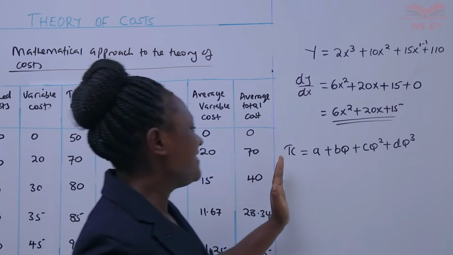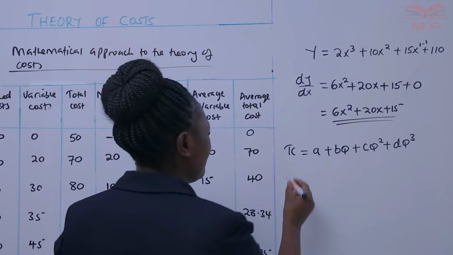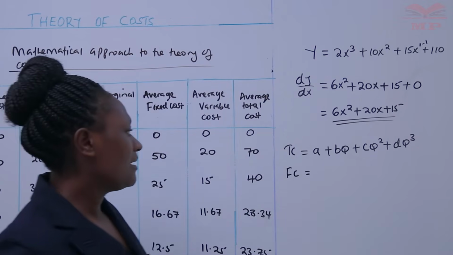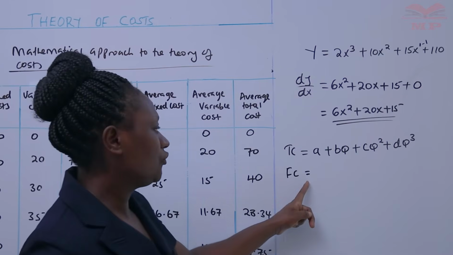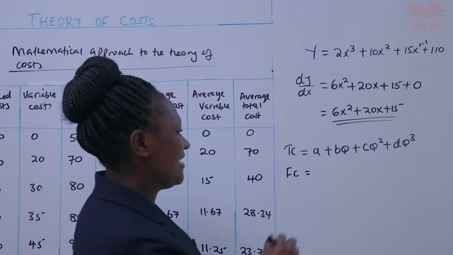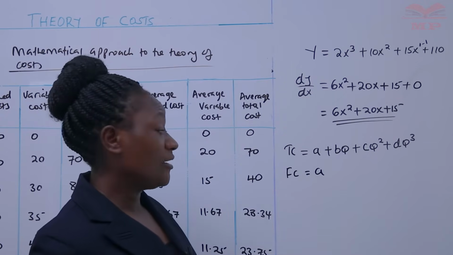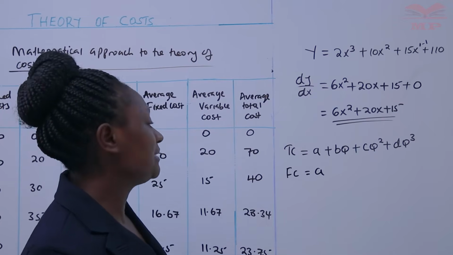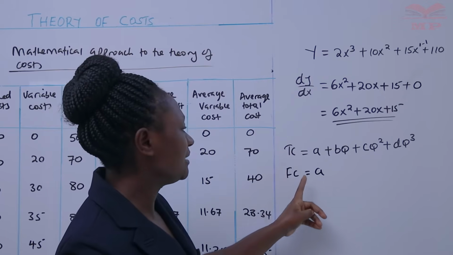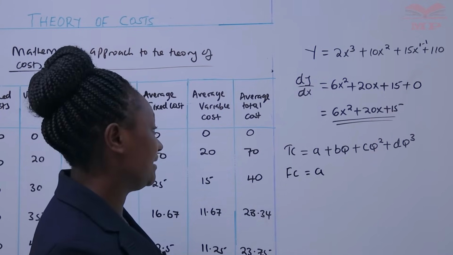And so in this case, when you are told to determine the fixed cost function, fixed cost is simply referring to the constant part of that function, and in this case, it is just equal to a. So fixed cost equals a. Why a? Because a is a constant.